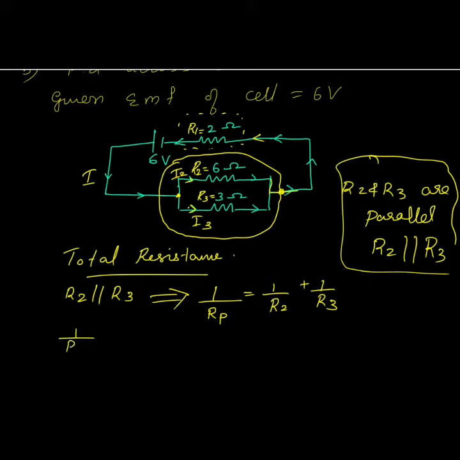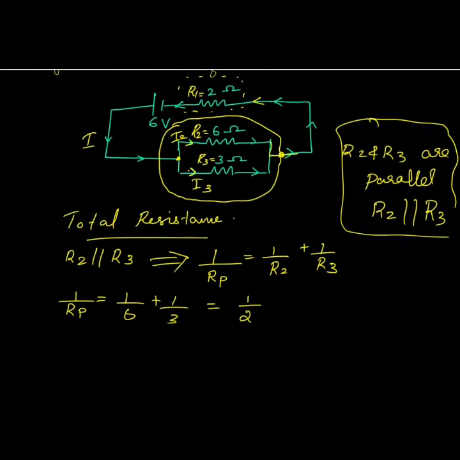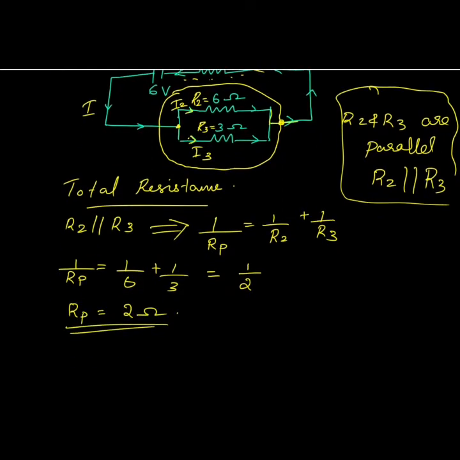That is 1 by RP is equal to 1 by 6 plus 1 by 3. So when you take the LCM and when you solve, you will get the answer as 1 divided by 2. So here we need to find RP. So you take the reciprocal again. So RP will be equal to 1 by 2 reciprocal, which is 2. So you got for that network resistance is 2 ohm.